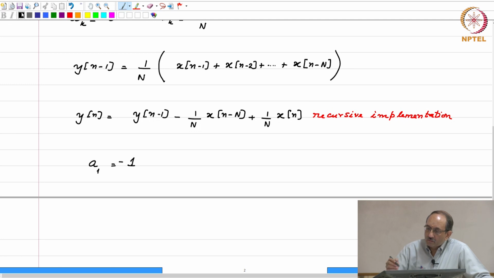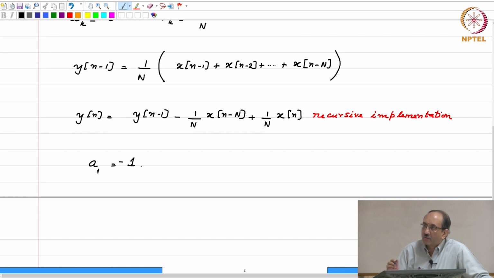But this does not convert the system which was FIR into an IIR system. The system continues to be exactly the same as before, and we convinced ourselves that this system is indeed FIR. But in this implementation, it has feedback and A1 is -1.